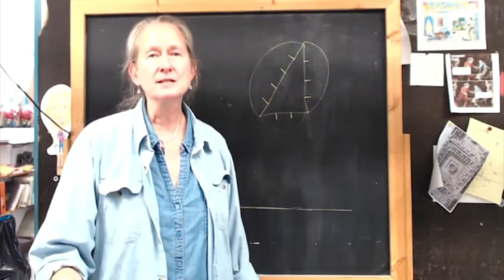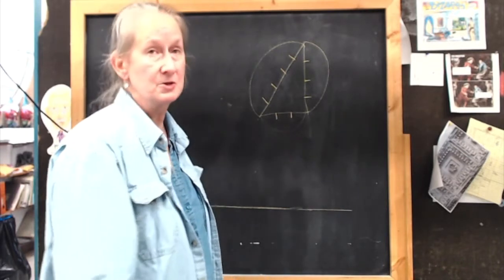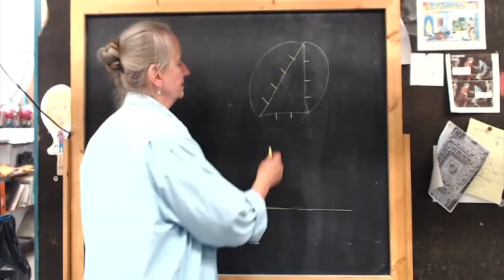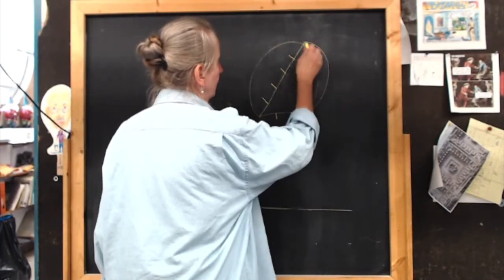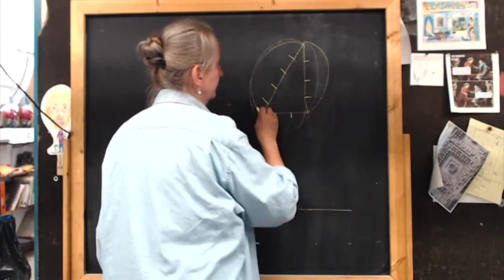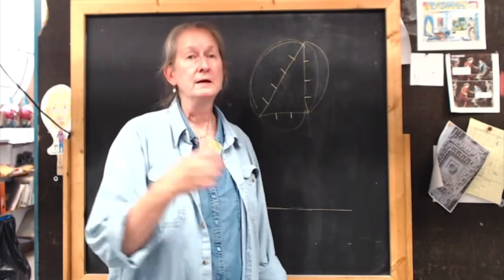That's the easiest way to think about this. 3, 4, 5. So suppose we were dealing with feet here. We would be dealing with 3 feet, 4 feet, 5 feet. That's all you have to remember. 3, 4, 5.